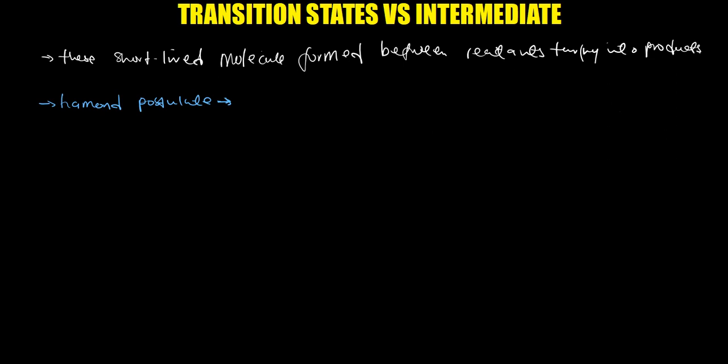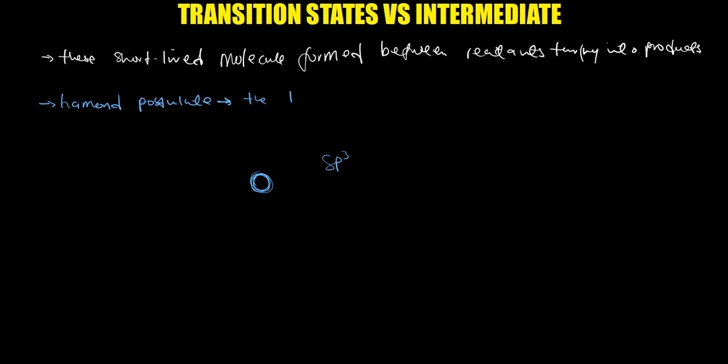So this Hammond postulate states that the geometry and the shape, let's say the geometry is sp3d, everything like that, of the transition state can be inferred using the product or the reactant to which it is close in energy. So Hammond's postulate is talking about the transition state.